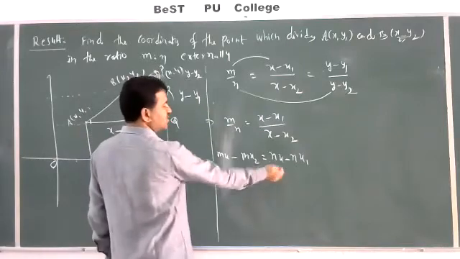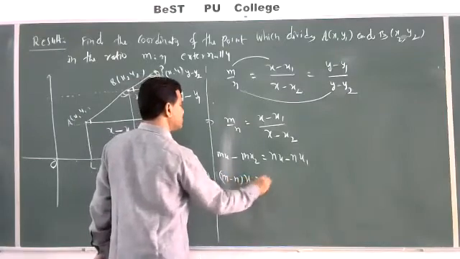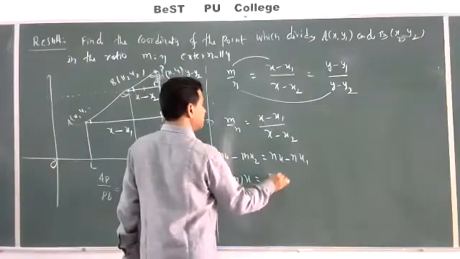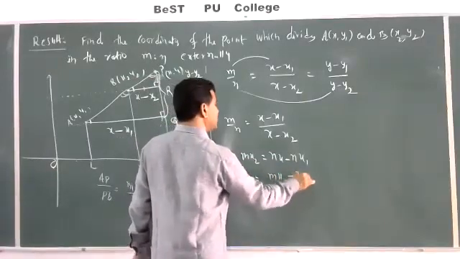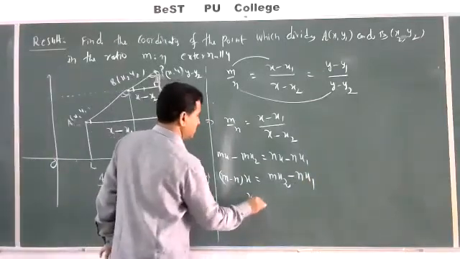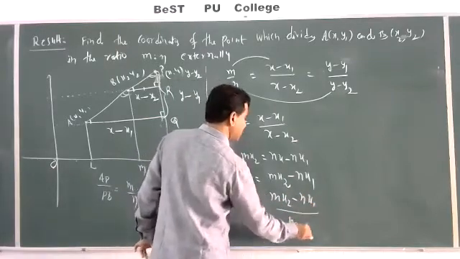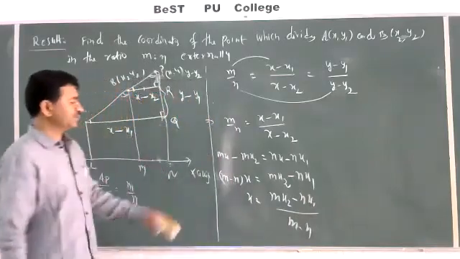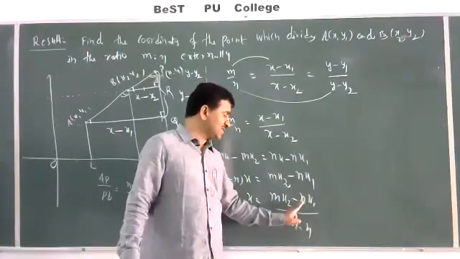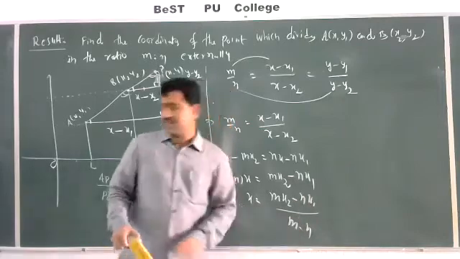Shifting this nx to left, taking x common, m minus n into x is equal to, sending this mx2 to right side, minus mx2 becomes plus mx2 minus nx1. So x is equal to mx2 minus nx1 by m minus n. That is the x coordinate. Yesterday, the internal division x coordinate was mx2 plus nx1 by m plus n. Just we got a minus symbol in place of plus. That's all.